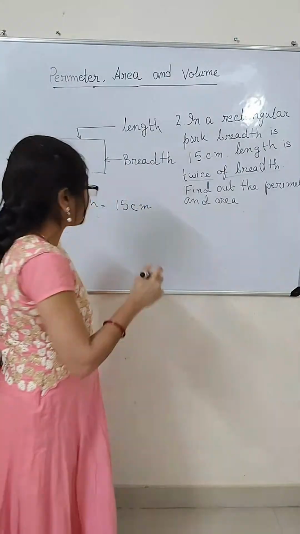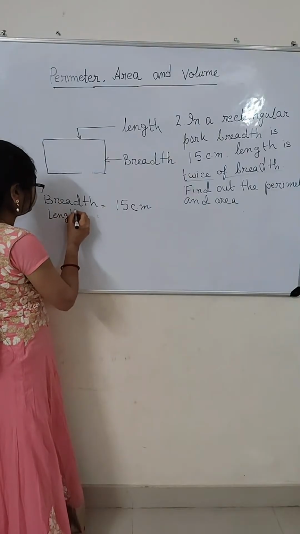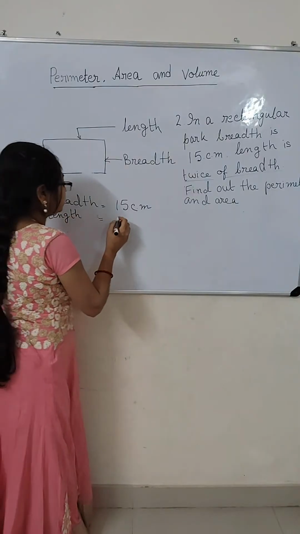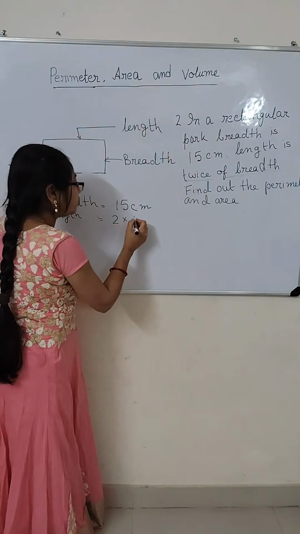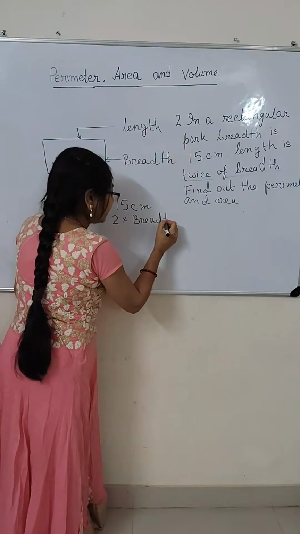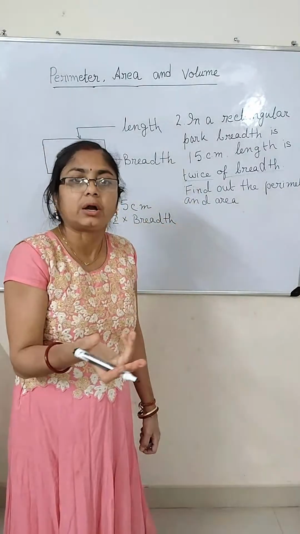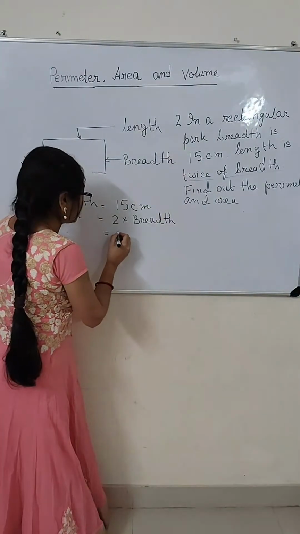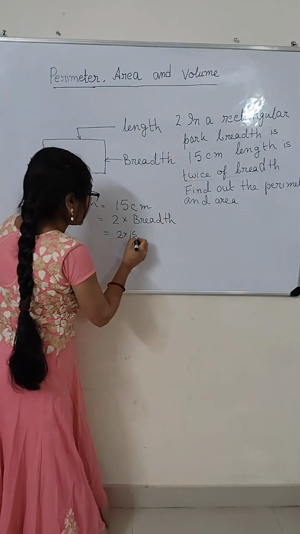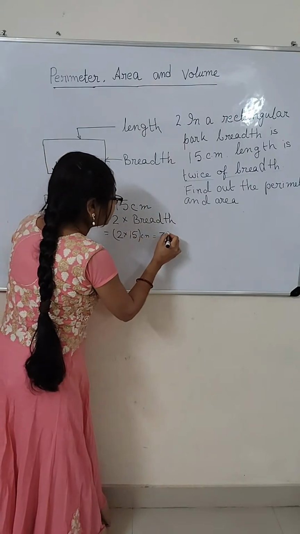Then length: 2 into breadth. Why? Because twice of breadth. It is given. It is one of the conditions. So 2 into 15, I think it is 30 centimeter.